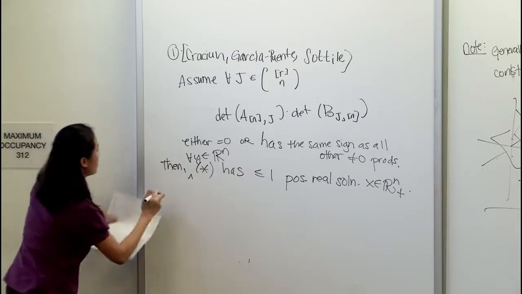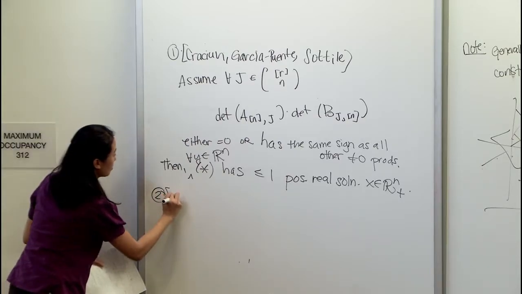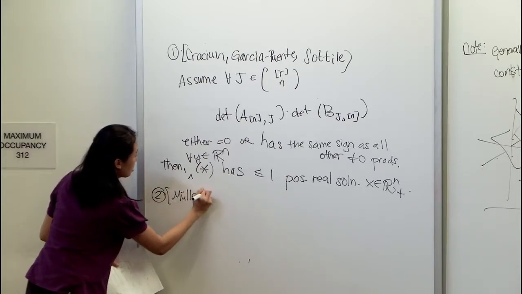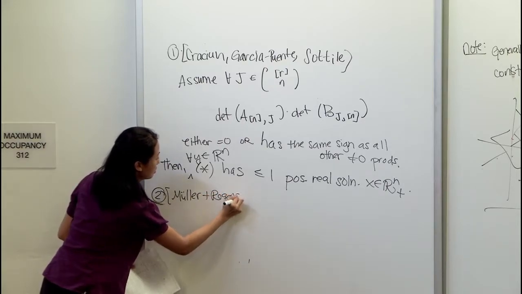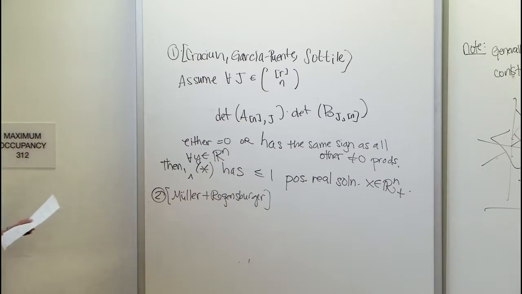And then a partial converse to this, which is due to Muller and Regensburger. You could ask, well, okay, so now we have a condition for when you have at most one. When can I know for sure that there will be one?